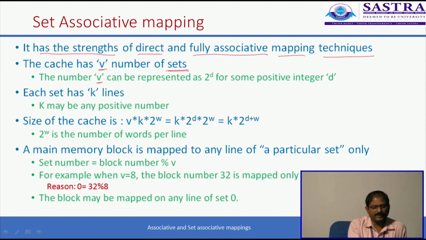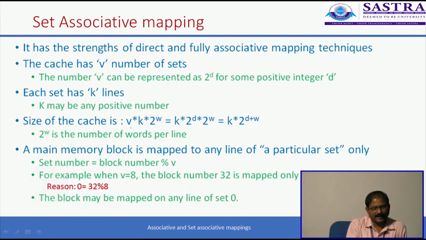The number V can be represented as 2 power d for some positive integer d. This is a constraint in set associative mapping. The number of sets should be written as 2 power some positive number. Each set has k lines. K may be any positive number.